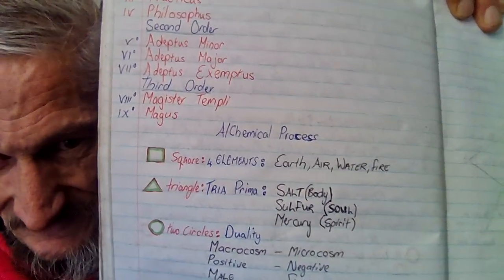Okay. Also, the squares are the elements. Prism, triangle is the salt body, sulfur, soul, mercury, spirit. So that is your triapriyama. Salt body, sulfur, soul, mercury, spirit. Okay, there's 2 circles. Most people think only about the one unity circle, but it's infinity, right?